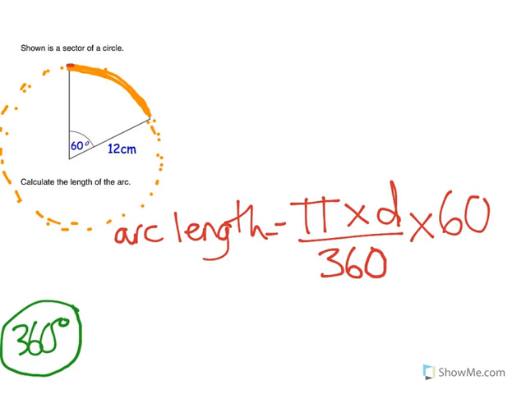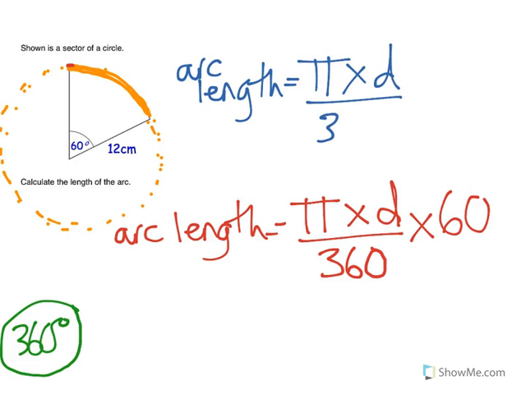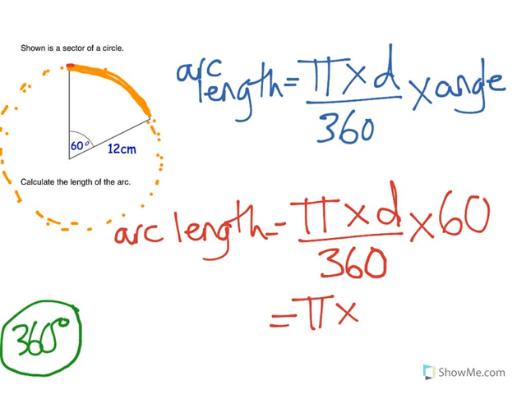Now this is a generalised rule in terms of whenever you want to find the arc length, you do pi times diameter divided by 360 and then times it by the angle, and it will work every time. So let's think back in the context of this question. We have pi times, now we need to work out what the diameter is.